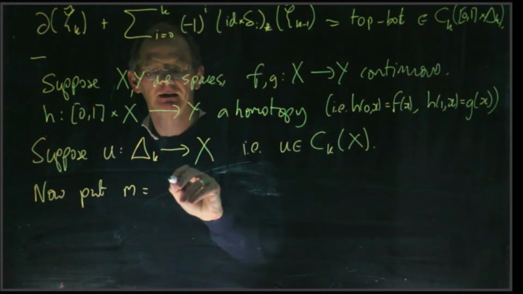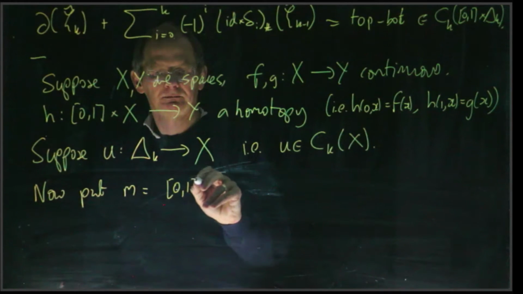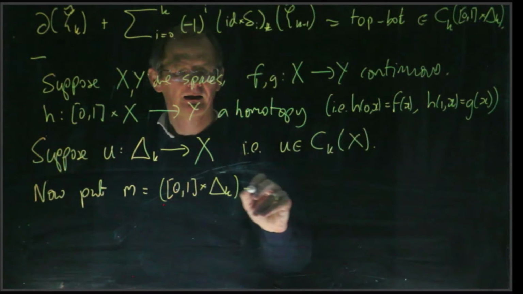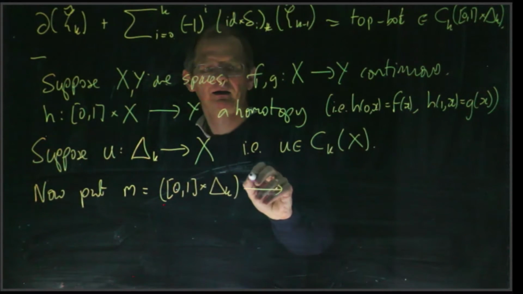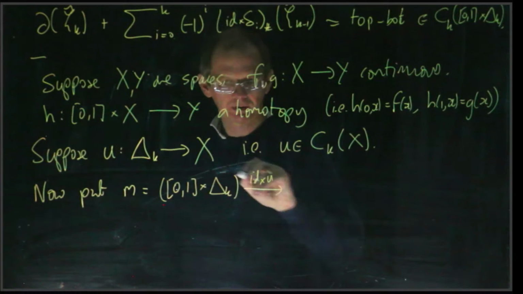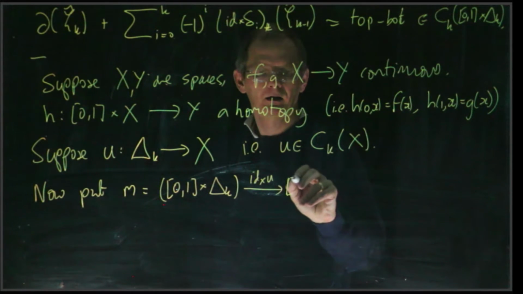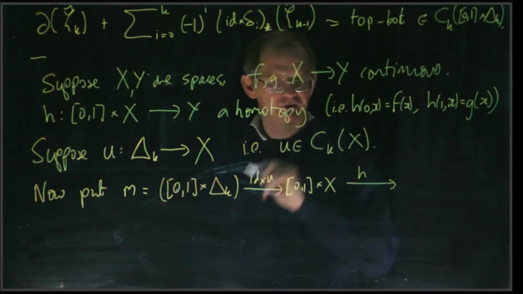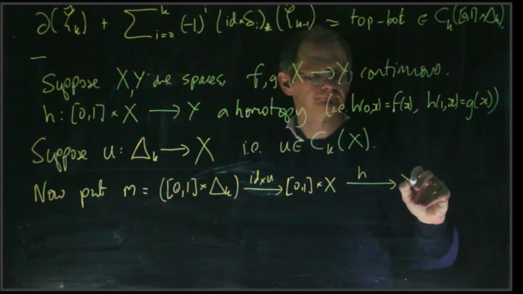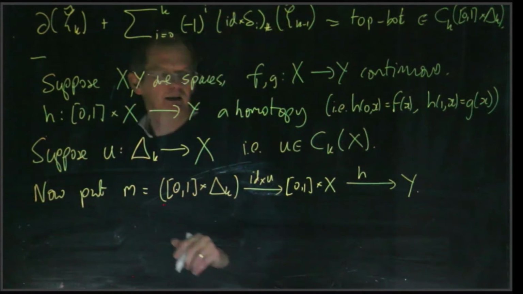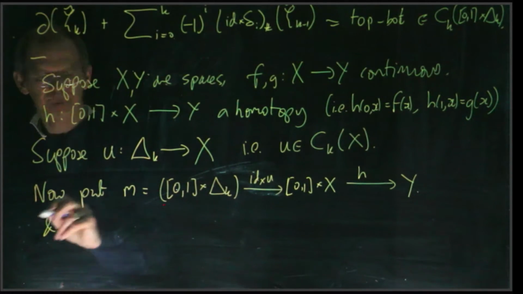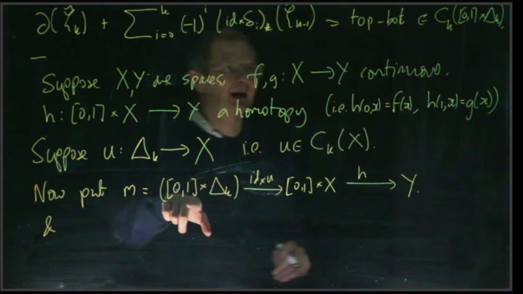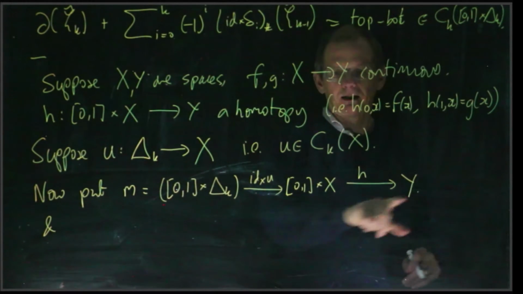So I do 0, 1 cross delta k, and then I go by the identity cross u to 0, 1 cross X, and then I go by H over to Y. So now this is a map from this space here into Y.